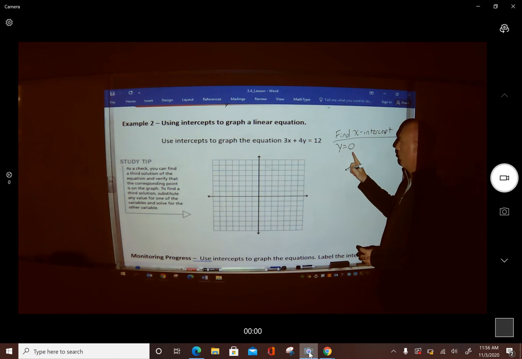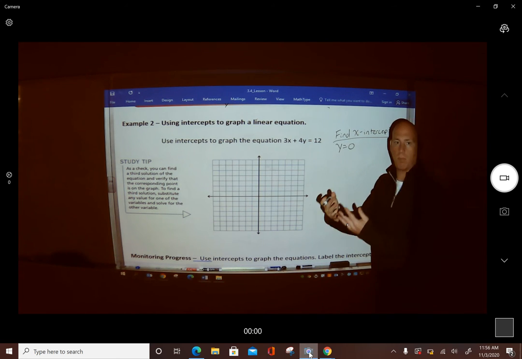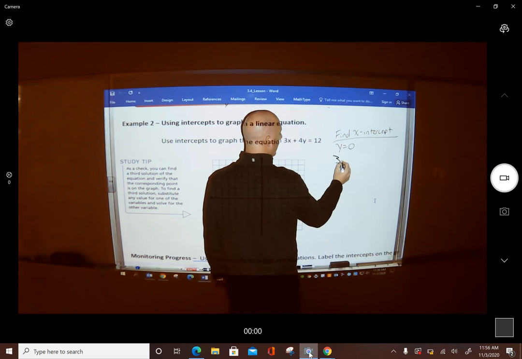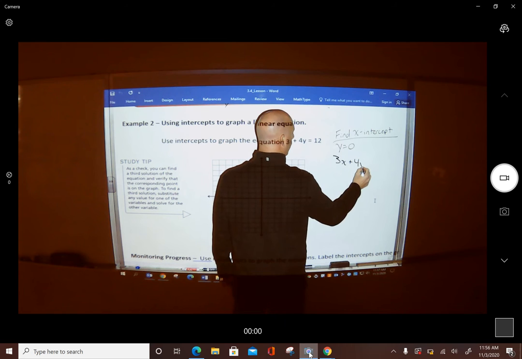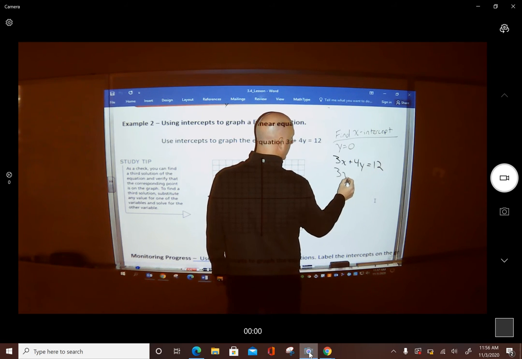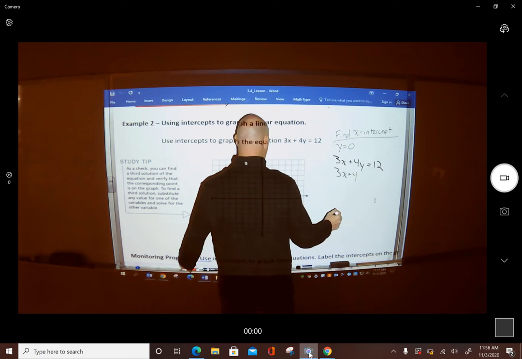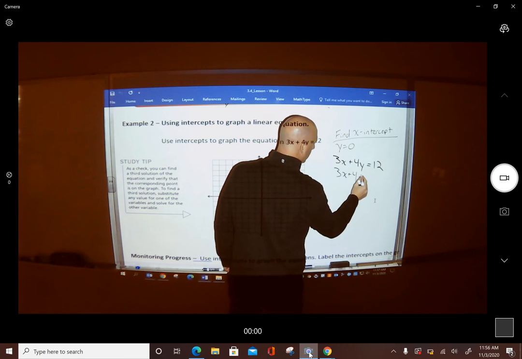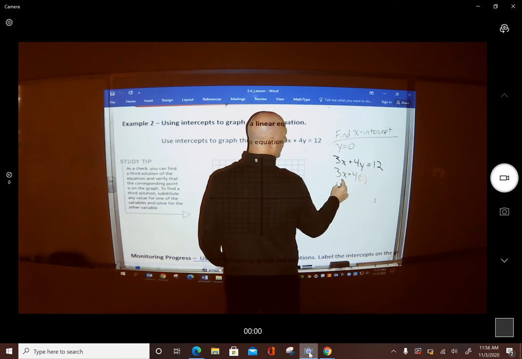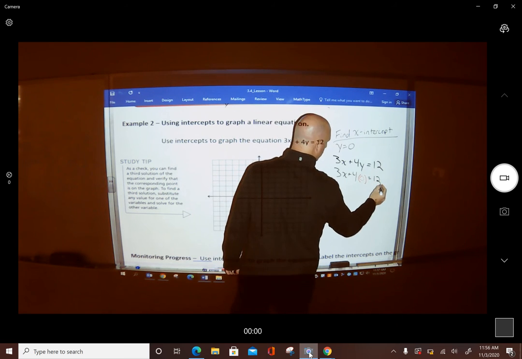So if we know y equals 0, we're just going to plug it in. So we would end up with 3x plus 4y equals 12. 3x plus 4, I'm going to put 0 in because we know that's the value of y at the x-intercept, equals 12.